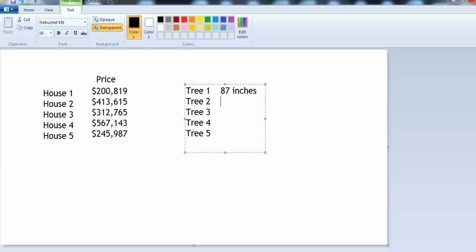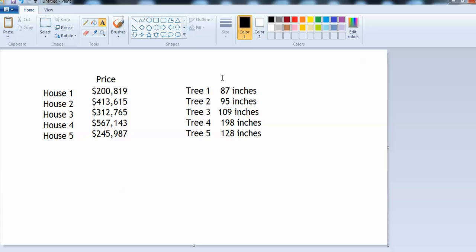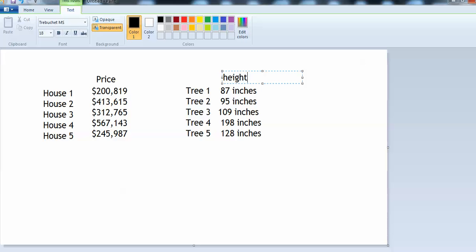I'm just going to make up some numbers again. So these are the heights of the trees.